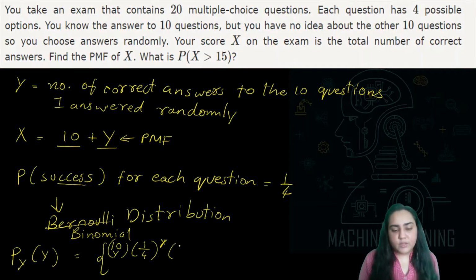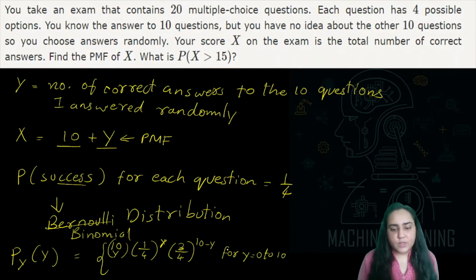My probability of getting an incorrect answer is 3 by 4, because I just have to do 1 minus 1 by 4, which gives me 3 by 4. And if y is the number of correct answers, the number of incorrect answers is going to be 10 minus y. This is for y equal to 0 to 10.